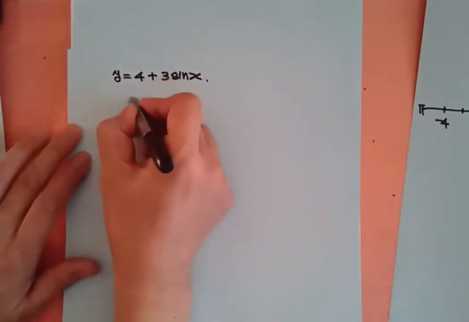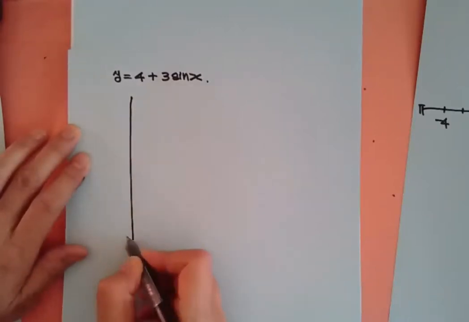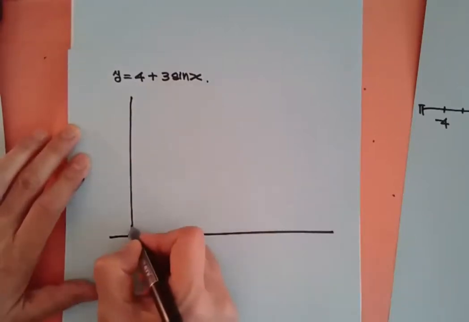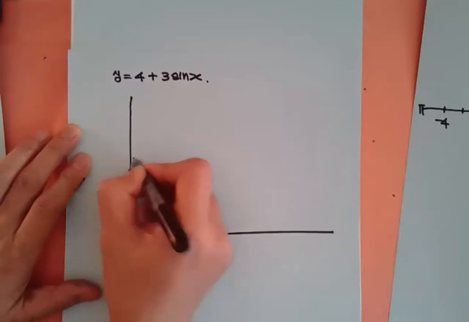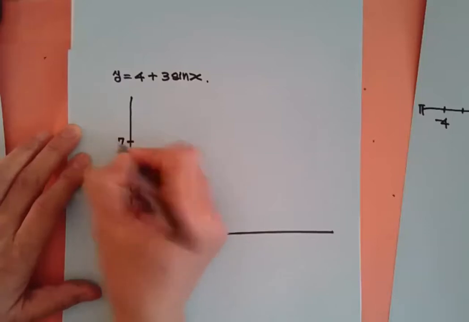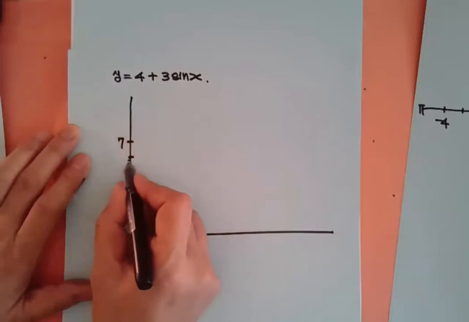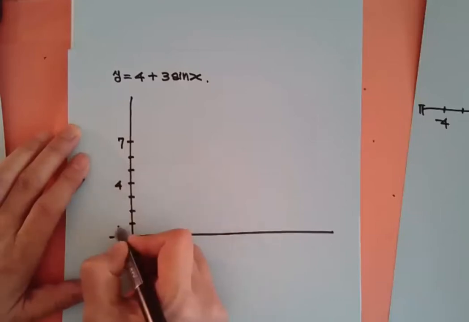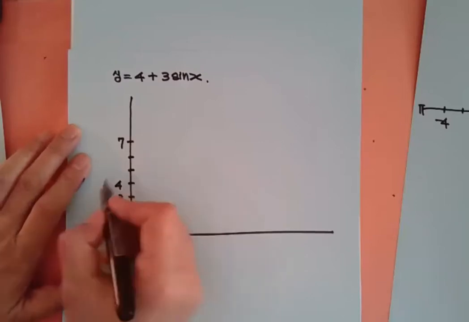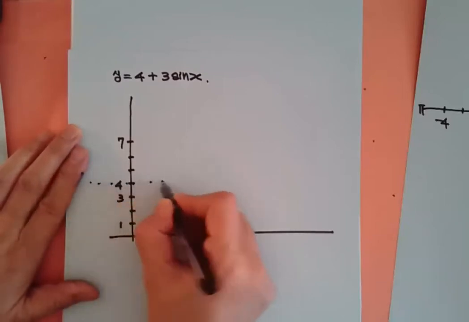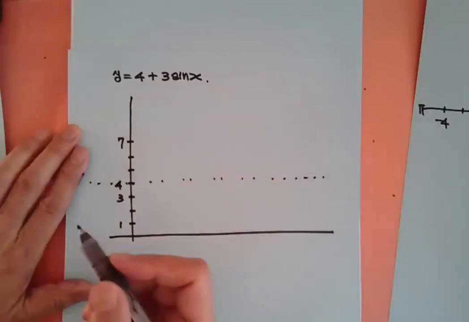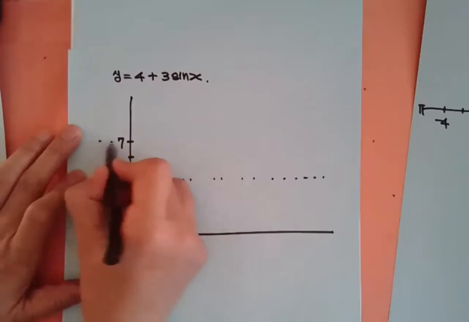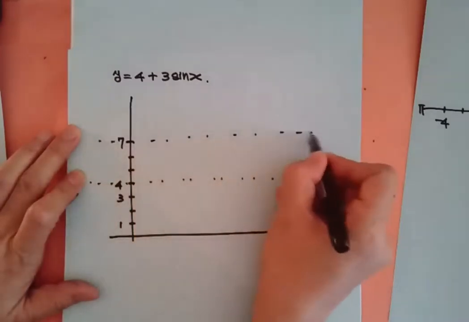The maximum is 7, and the minimum is 1. So we will bound it like this.